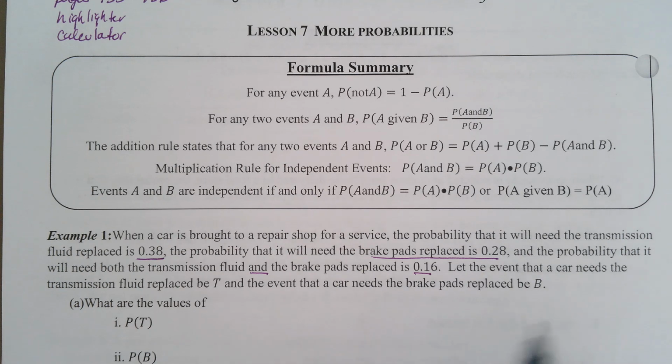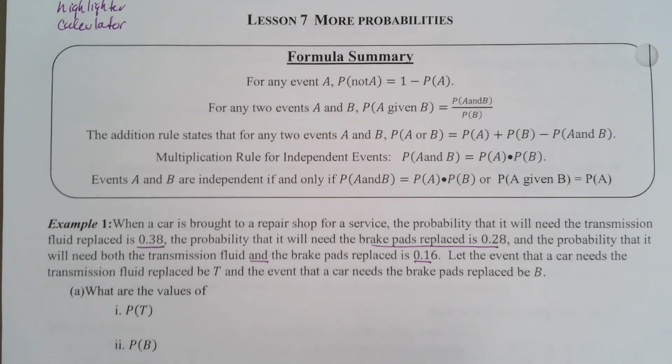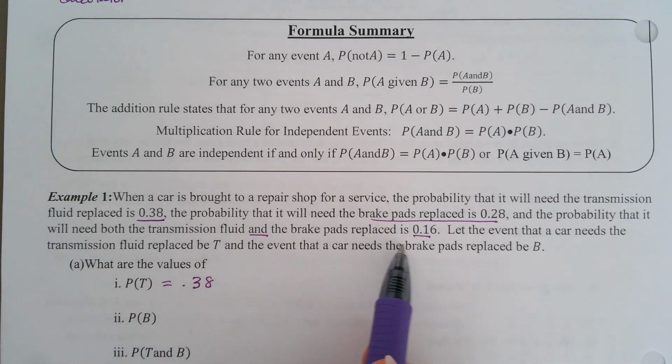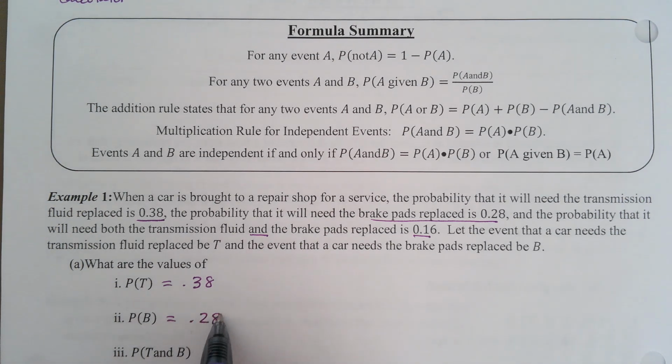So let the event that a car needs the transmission fluid replaced be T, and brake pads replaced be B. The probability of T is 0.38, the probability of B is 0.28, and the probability of both T and B is 0.16.